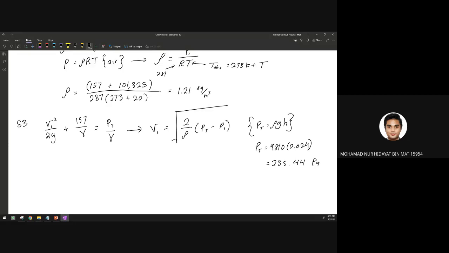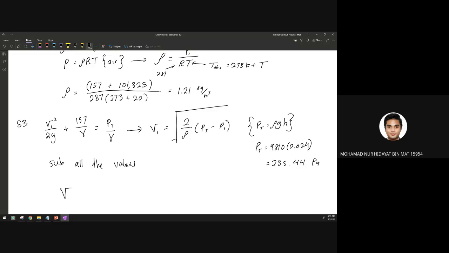So from here, I think it is easier for you now to substitute all the values.